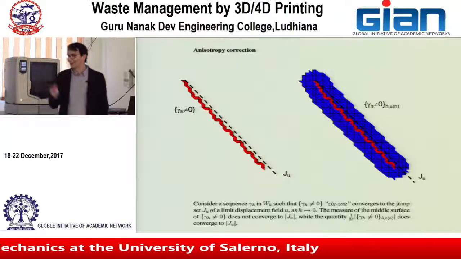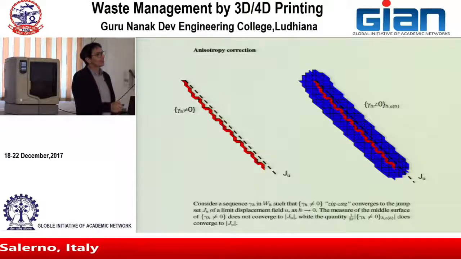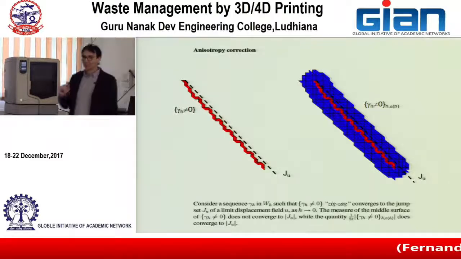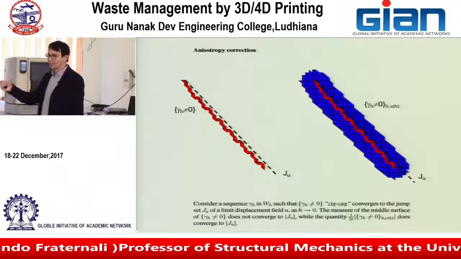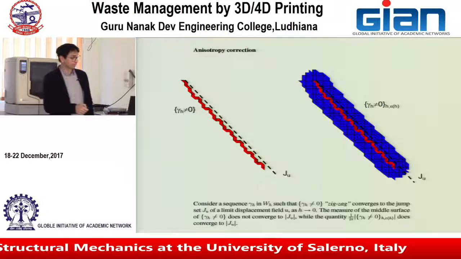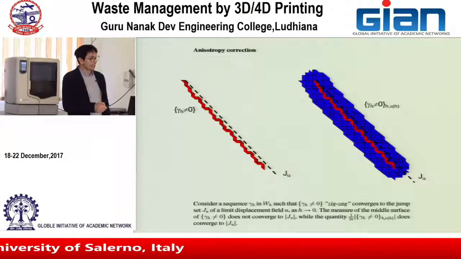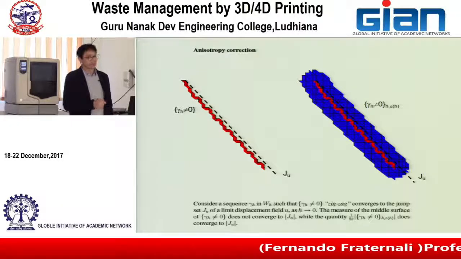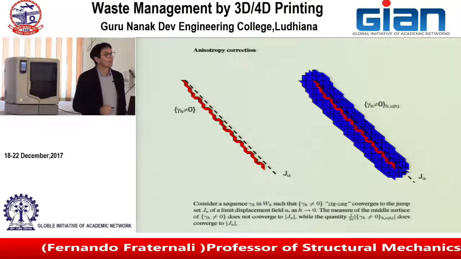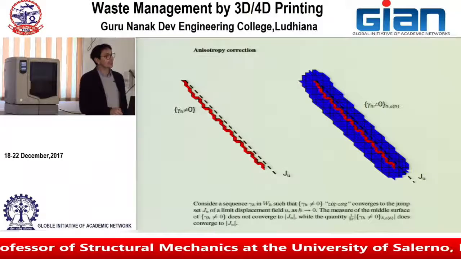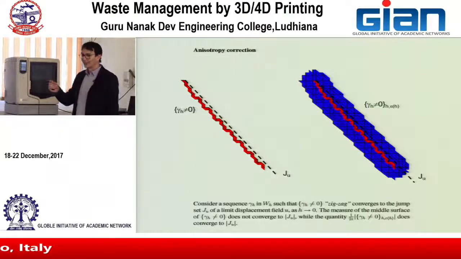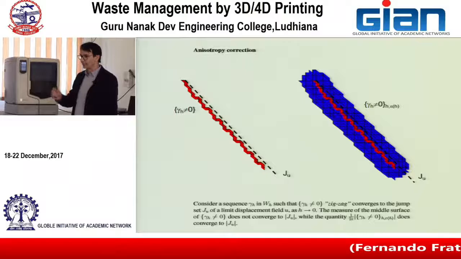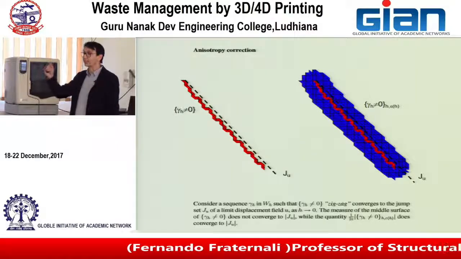The trick is this one. You don't calculate the energy spent to kill those elements in this standard way. You compute it in this other way. You don't take the set where gamma is different from 0, but you take the set of the elements which are at a given distance epsilon from the damaged set.